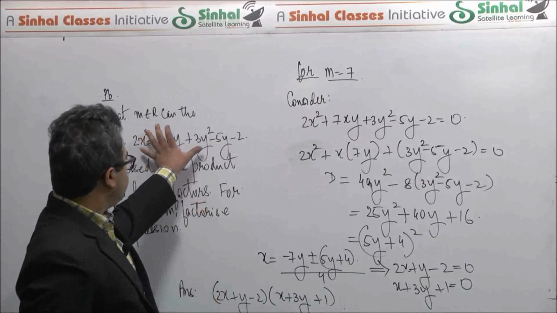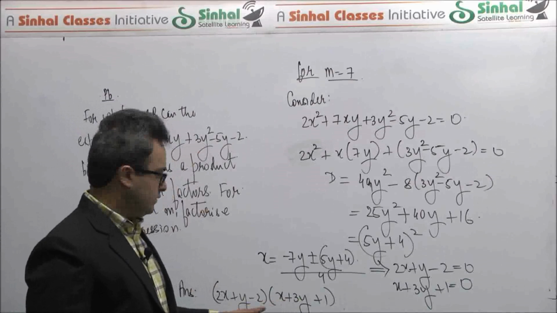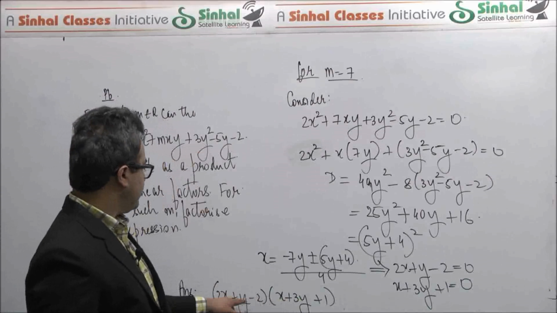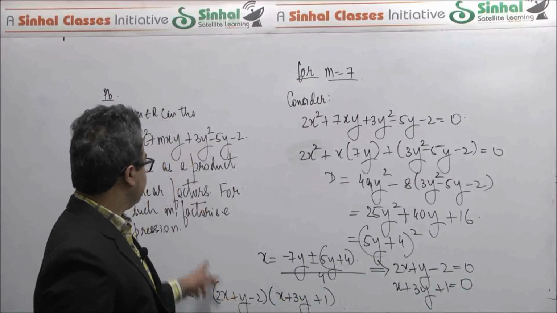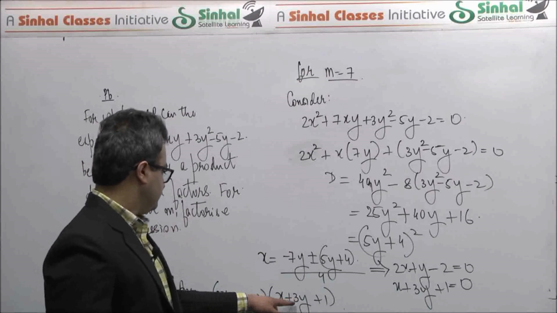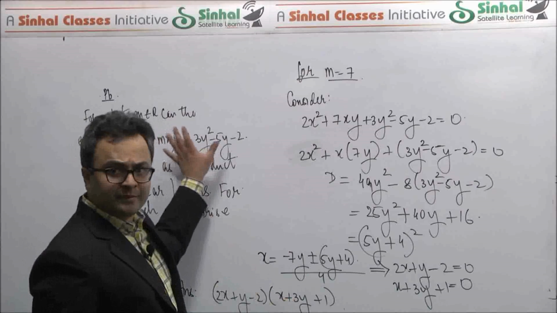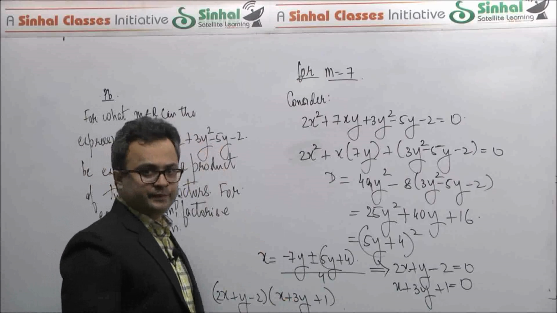So the factorization of this expression therefore is the product of these two factors, which can easily be verified also. You'll get a 2x square term, you'll get a 3y square term, and minus 6y minus 5y. So when you multiply these two factors, you get this expression with m being equal to 7.